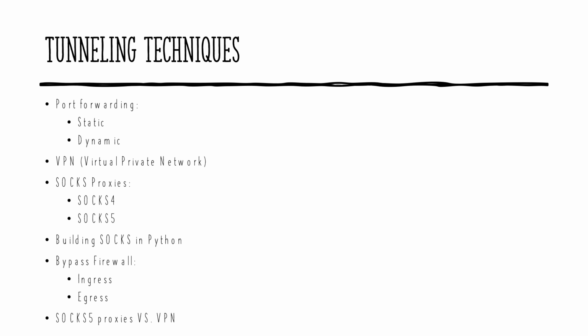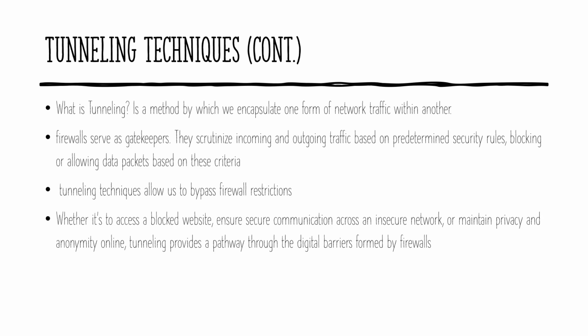Let's start by understanding what tunneling really is, especially within the realm of network security. At its core, tunneling is a method by which we encapsulate one form of network traffic within another. Think of it as sending a letter within a sealed envelope through a courier service.